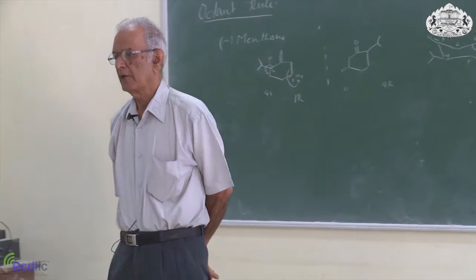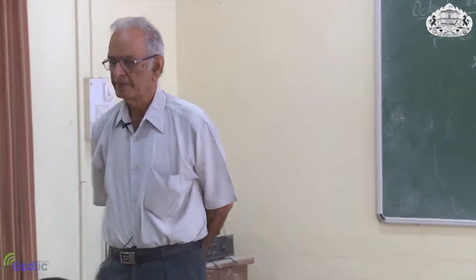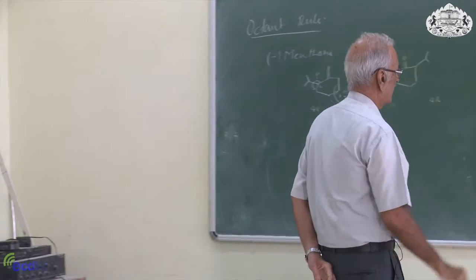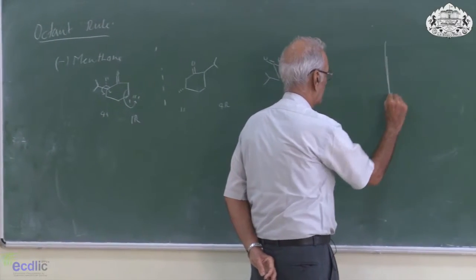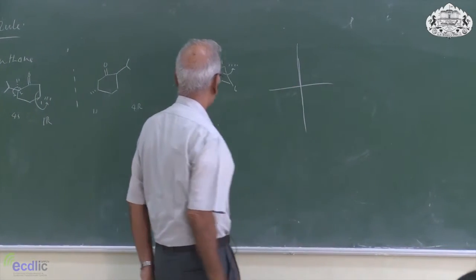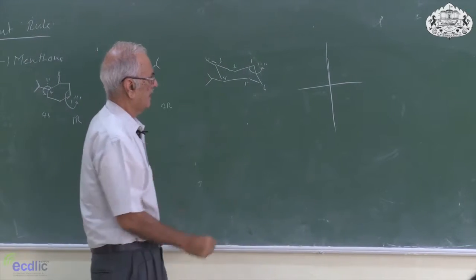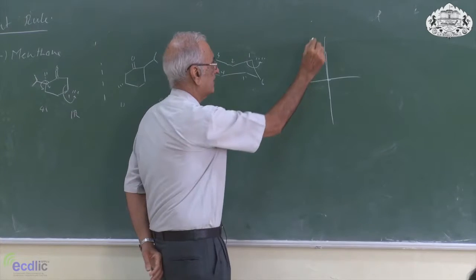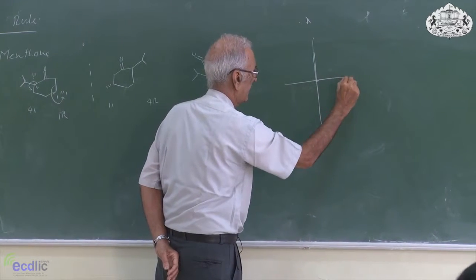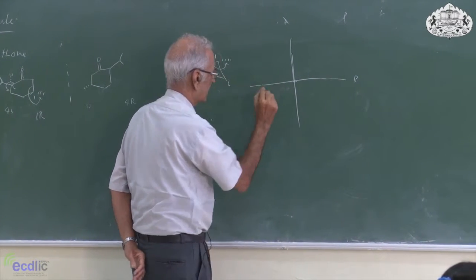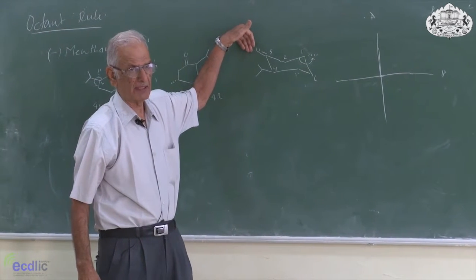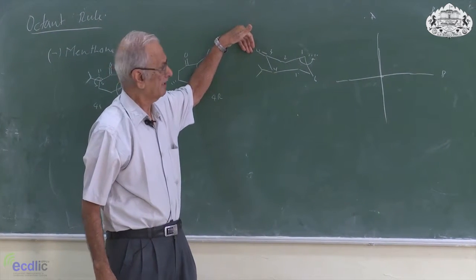If this is your absolute configuration, now we are going to draw the octant projection of this. As we said last time, when we draw the octant projection, the carbon number 3 is going to be on the intersection of plane A and plane B. We have to view the model from the side of oxygen.